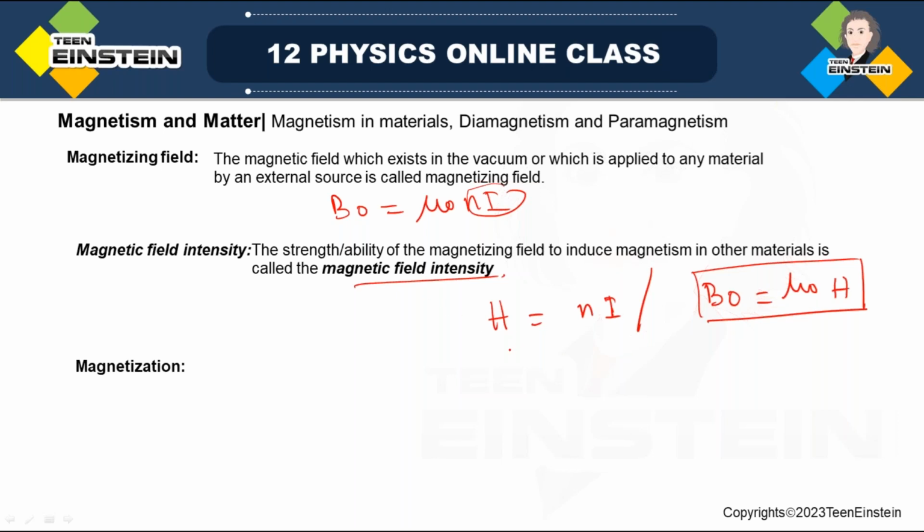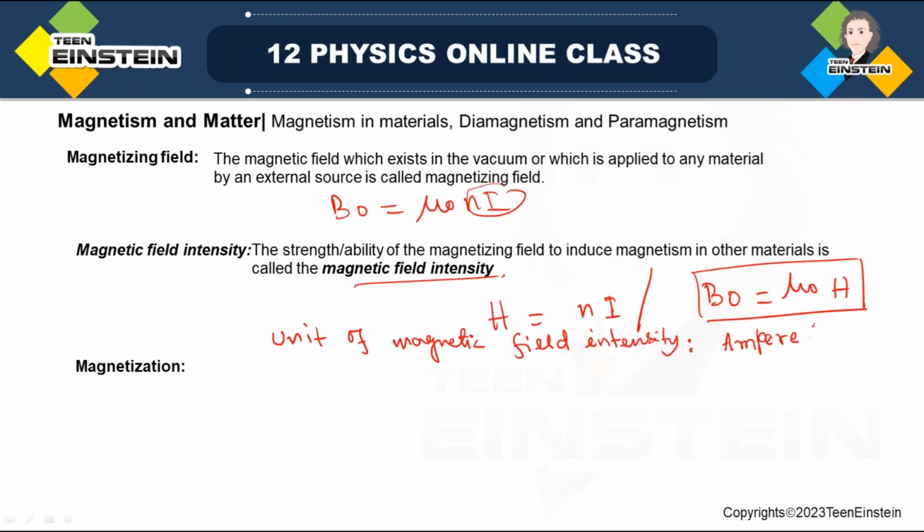So the magnetic field intensity has the unit ampere per meter. This is the number of turns per unit length, the number of ampere turns per unit length.